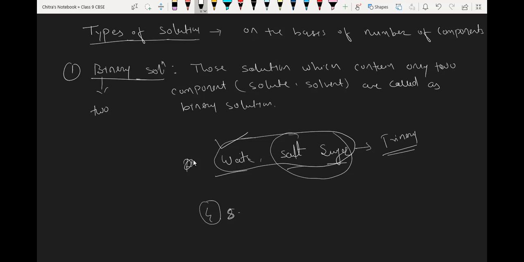Suppose we have H2O, and in terms of atomic mass, hydrogen has atomic mass 1 each, so 2 for two hydrogen atoms, and oxygen has mass 16. So oxygen is present in larger quantity, but in case of water we do not consider hydrogen to be solute and oxygen to be solvent. Not like that. It is a compound.